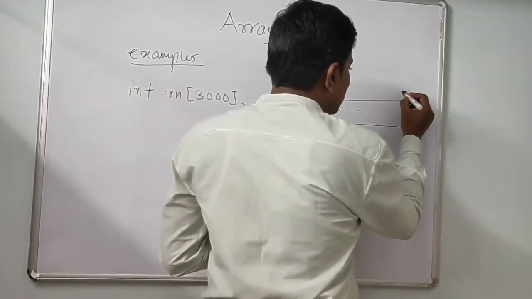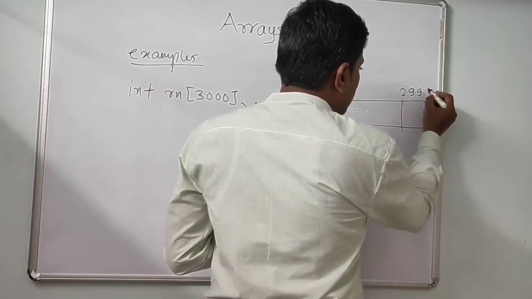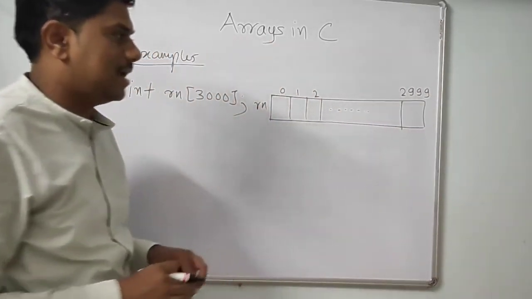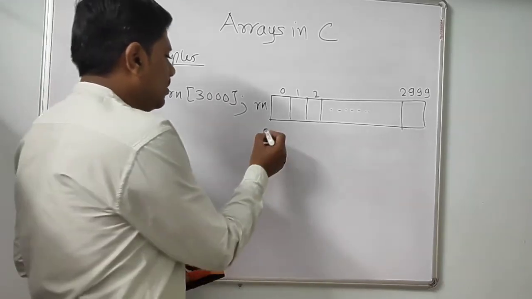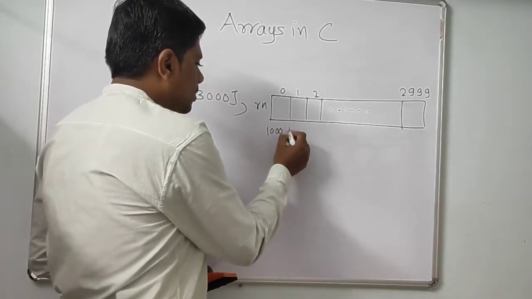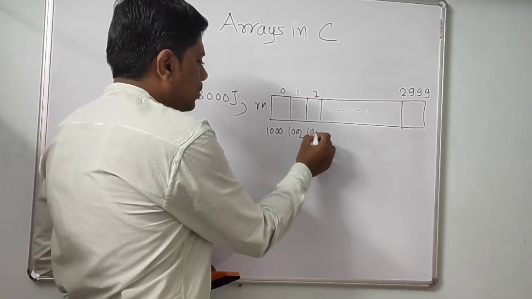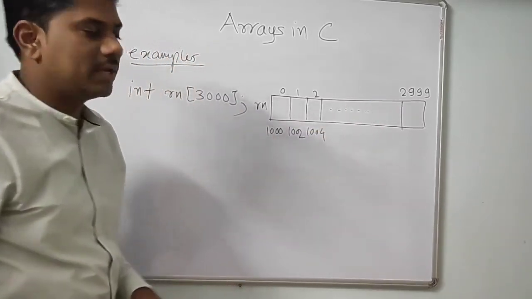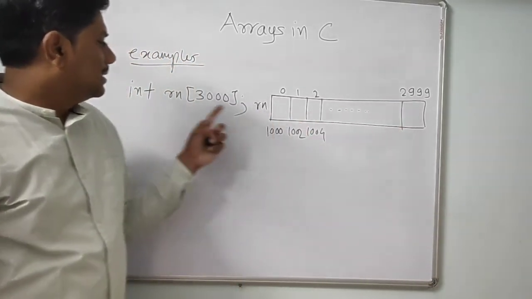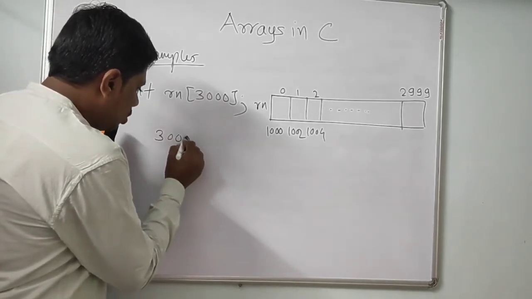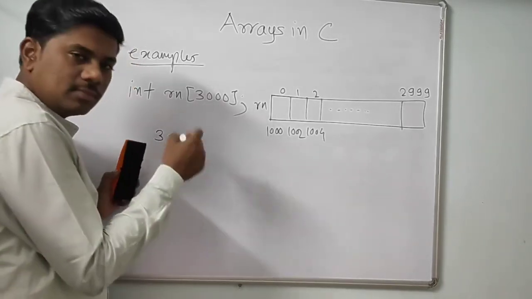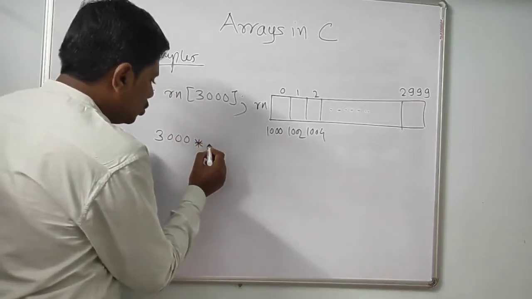What will be the last index? Size minus 1, so 2999. That will be the last index. And addresses will be like this: 1000, 1002, 1004, and so on. So total 3000 blocks are there, into the size of each block, 2 bytes.